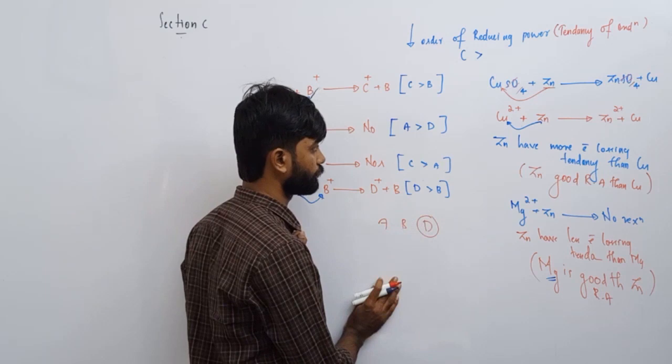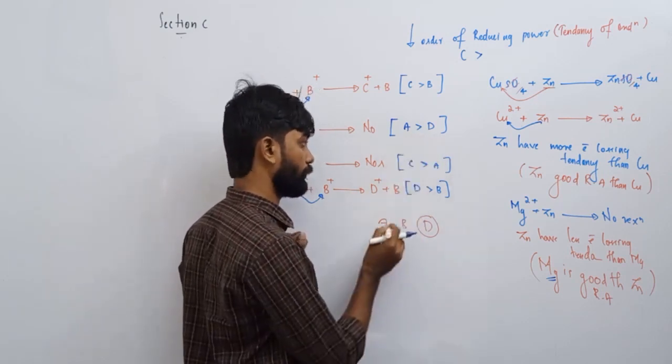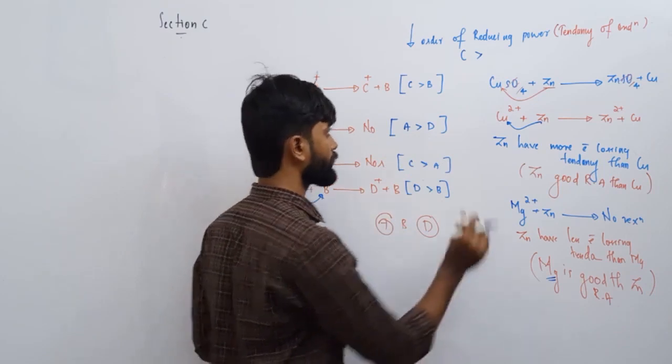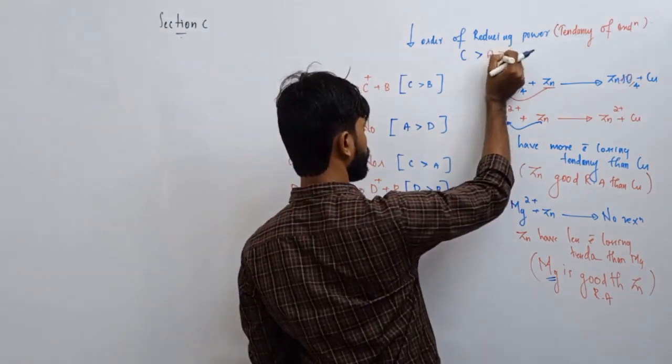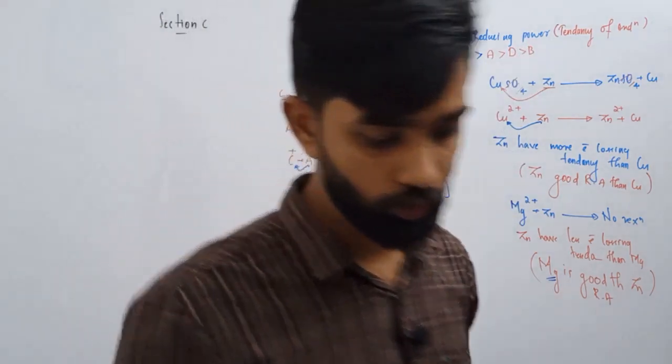D. And we compare A and D, which is more? A. So it is clear that A will be second, then D, then B. This will be the decreasing order of reducing power.